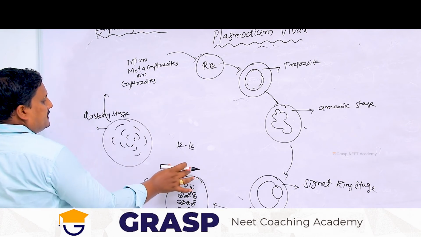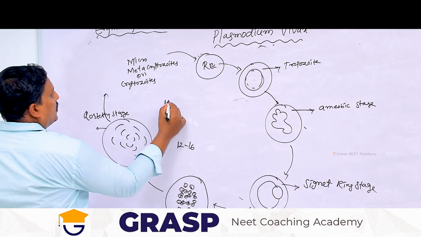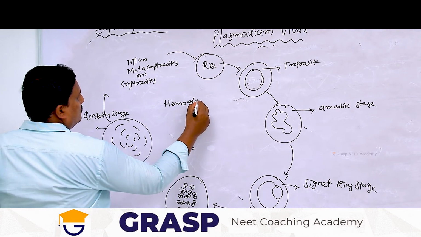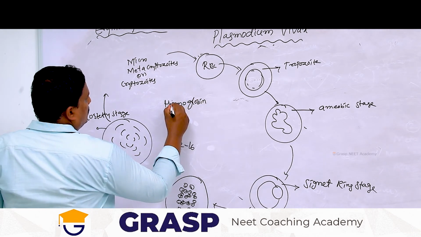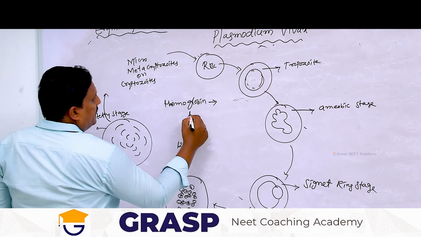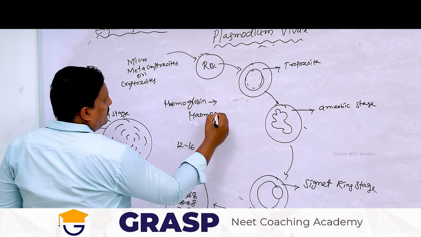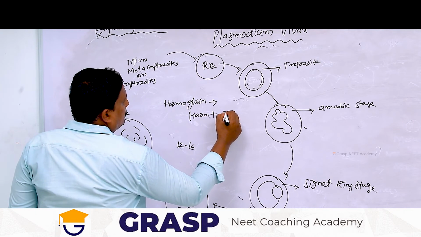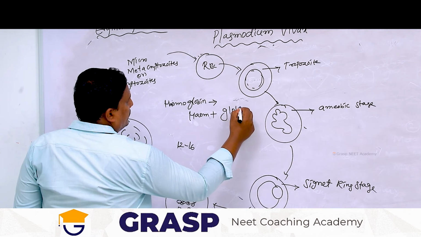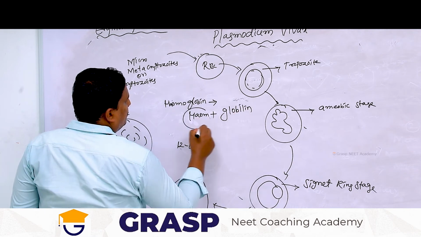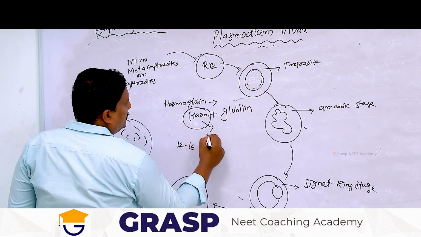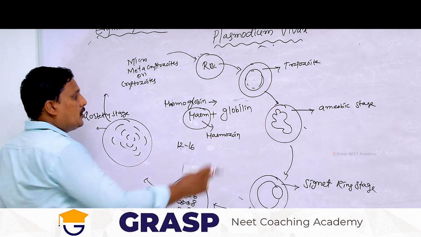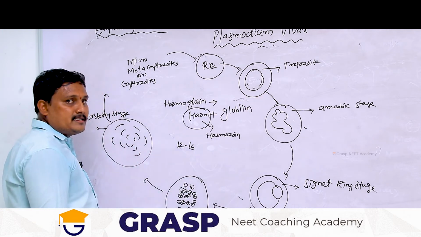The parasite converts the hemoglobin into heme as well as globin. The heme part is converted into hemozoin, an insoluble crystalline hemozoin, and the globin part is ingested by the parasite.